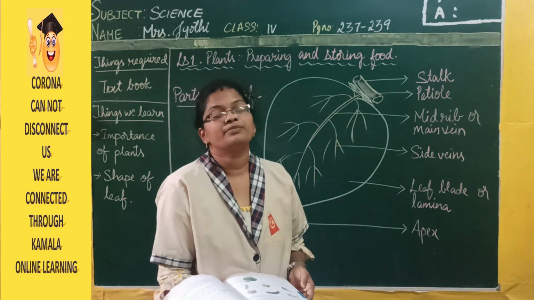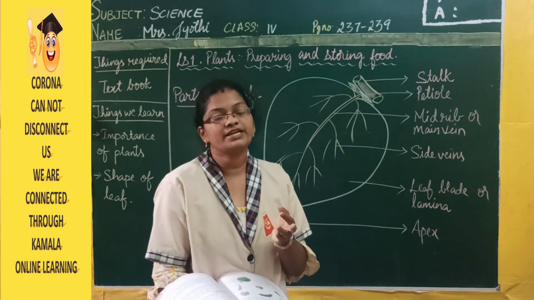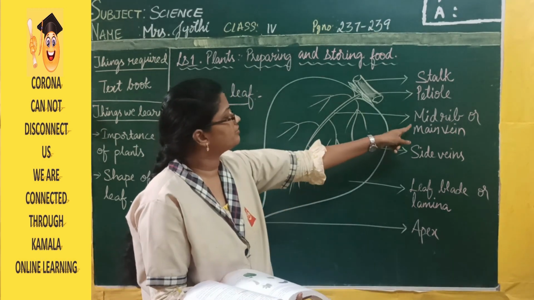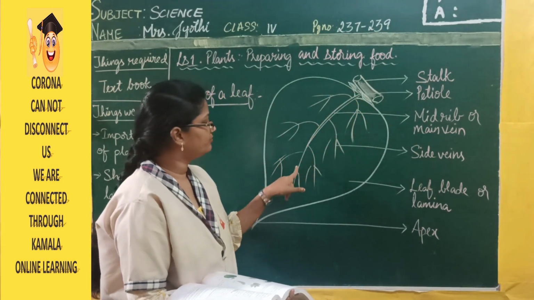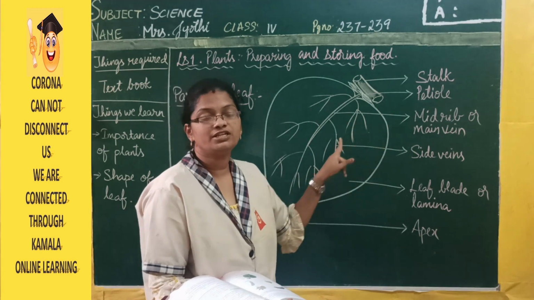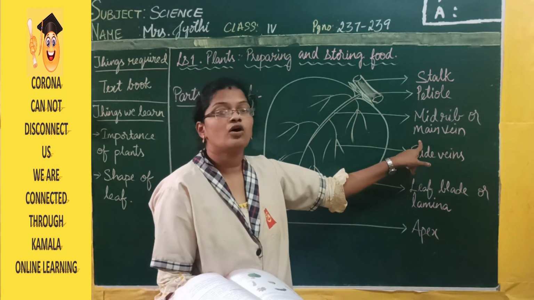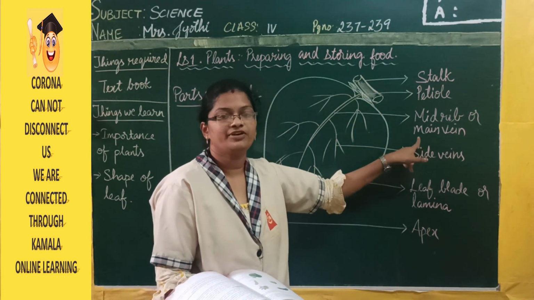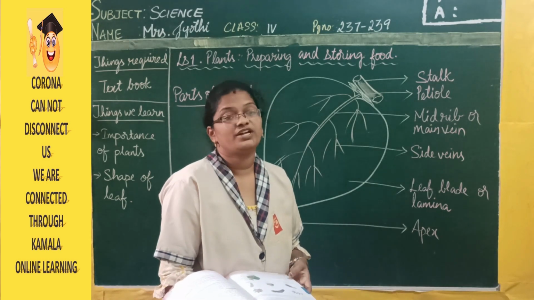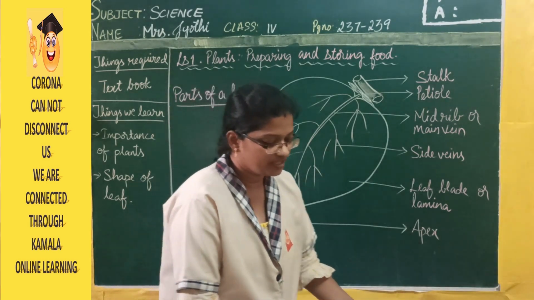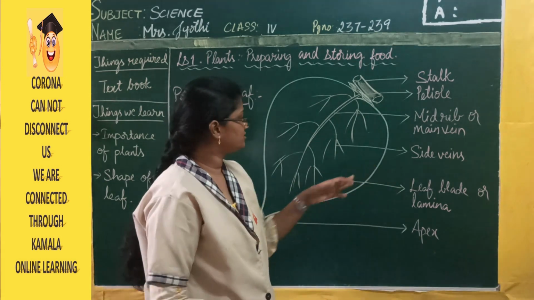Then midrib, and the other name for midrib is main vein. Here is the midrib, the main line, a big line in between the leaf. We call it midrib or also main vein. Then the next one is side veins. Okay, so here are the side veins.